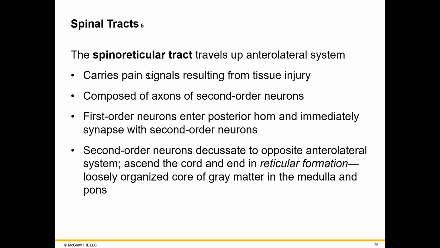Spinoreticular means the spinal cord and the reticular formation. What is the reticular formation? In your brain. So from the spinal cord to the brain, spinoreticular. Spinothalamic, where is the thalamus? In the brain. So that's ascending. Reticular formation, where is it? The brain also.